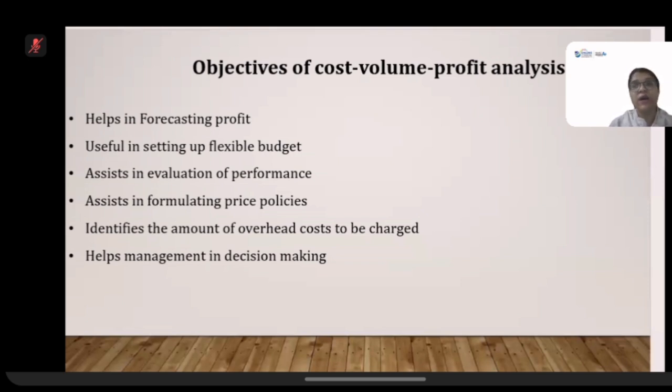You will have to evaluate how much expense was incurred, how much profit was made, and how much change happened in volume. Also, cost volume profit helps you in formulating the price policies, that is by showing the effect of different prices on cost and profit, because pricing plays a very important role, right? We all know.